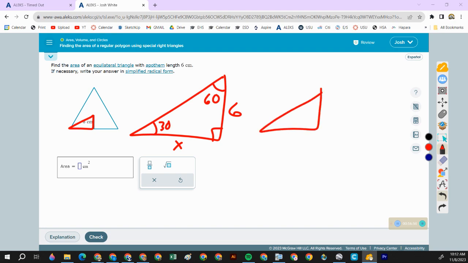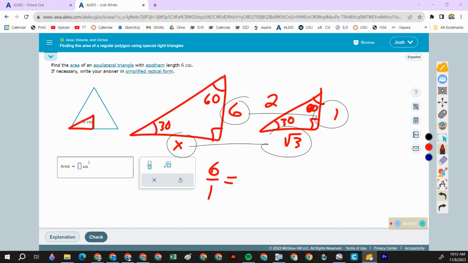Well, my special right triangle, 60, 30, 90. The short side is 1, the hypotenuse is 2, and the middle side is root 3. So 6 corresponds to 1. 6 over 1 equals x over root 3.